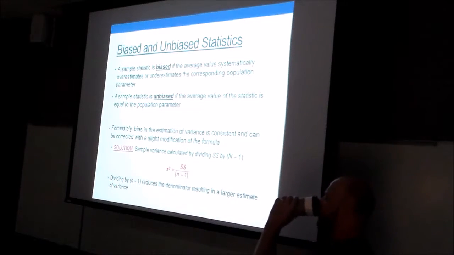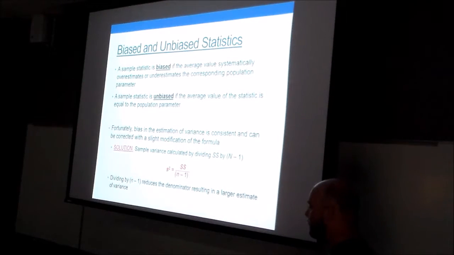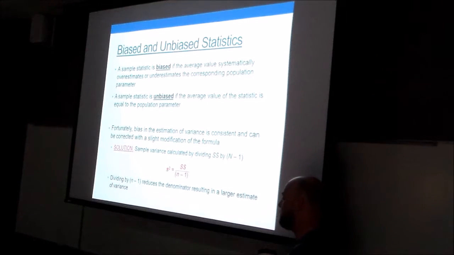Sam? So our population formula just has the sum of squares divided by the number of observations. How does our sample formula correct for the underestimation of sample variance?